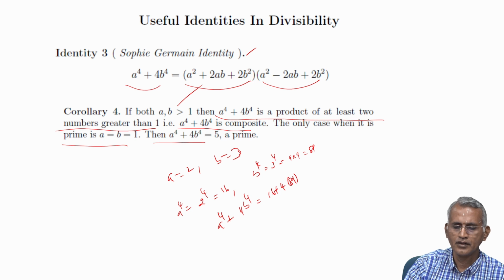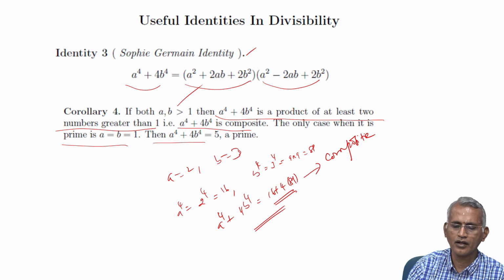So, this is a product of at least two integers greater than 1. You see, all are divisible by 2, therefore, it is composite. So, this case is true for greater than 1.